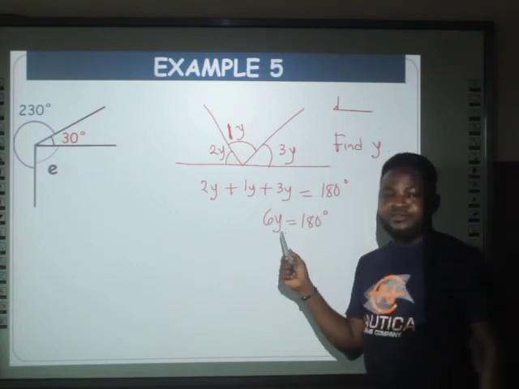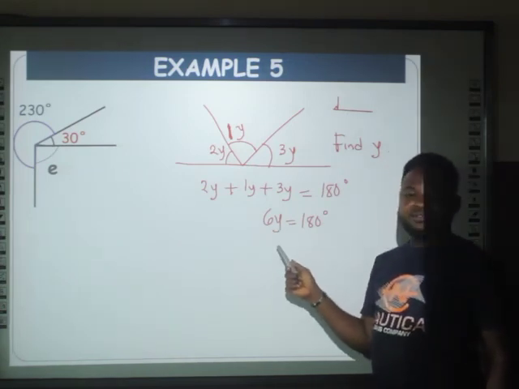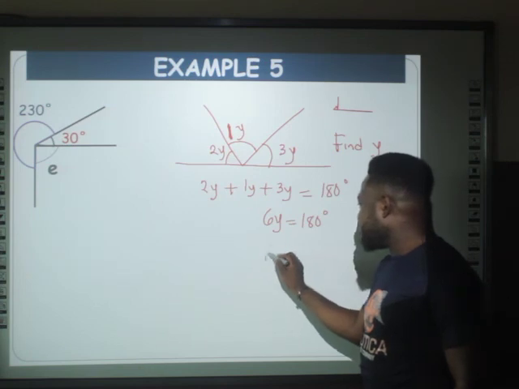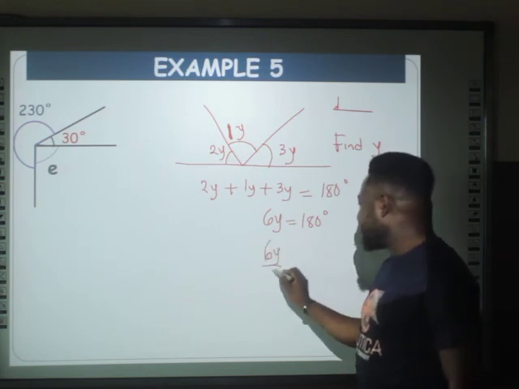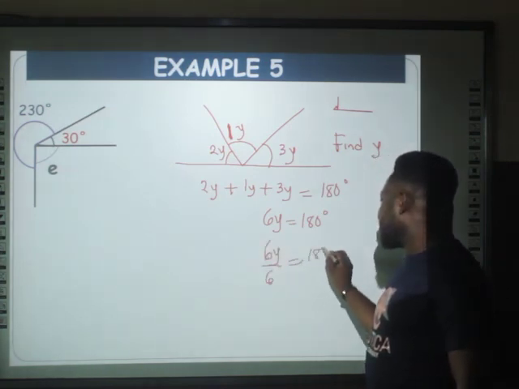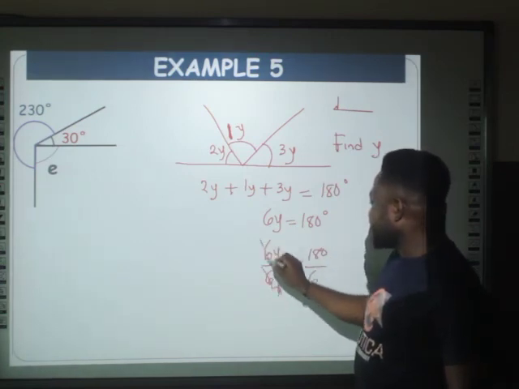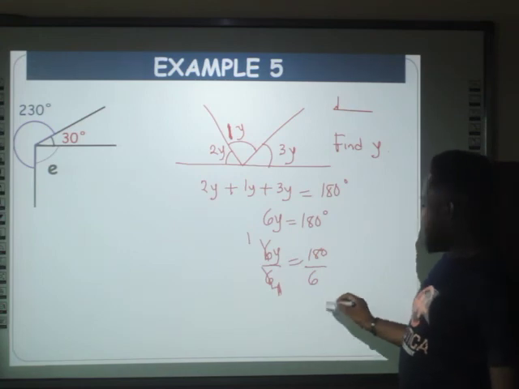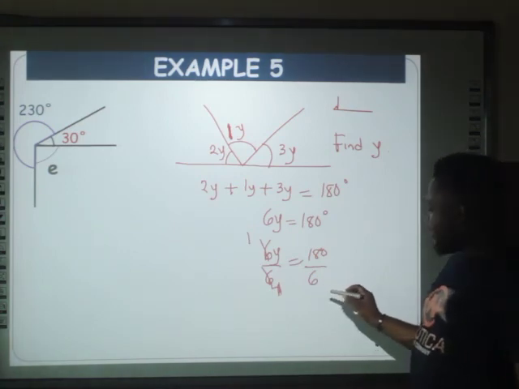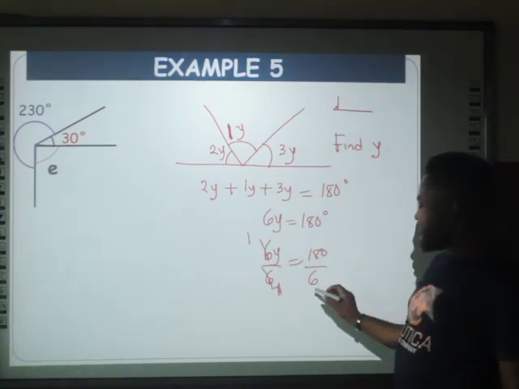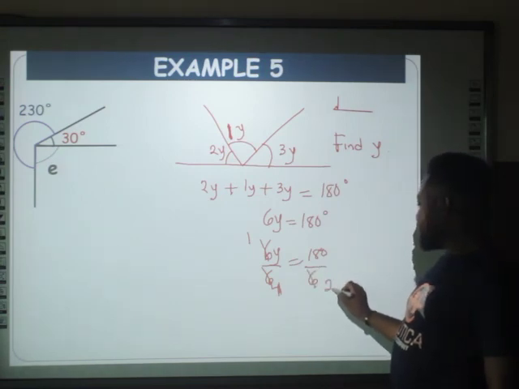Now, to get our value of y, you simply divide both sides by 6. Okay? That means 6y over 6 equals 180 degrees over 6. 6 here 1, 6 here 1. Okay? Now, 3 can go here. The common factor of 6 and 180. 3 can go here 2 times.